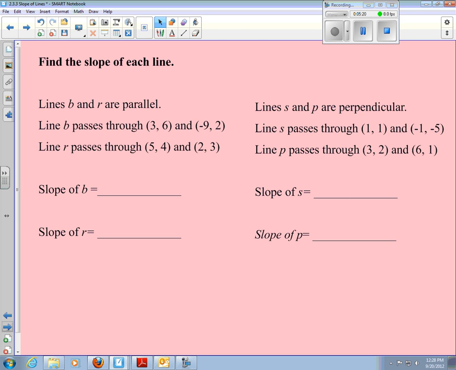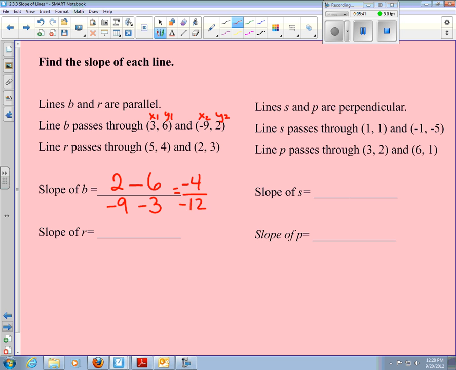For the slope of B, we take 2 minus 6 on the top and negative 9 minus 3 on the bottom. Subtracting, I get negative 4 over negative 12. A negative over a negative changes to a positive, and this reduces to 1/3.